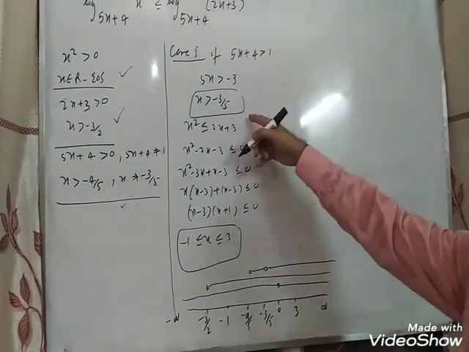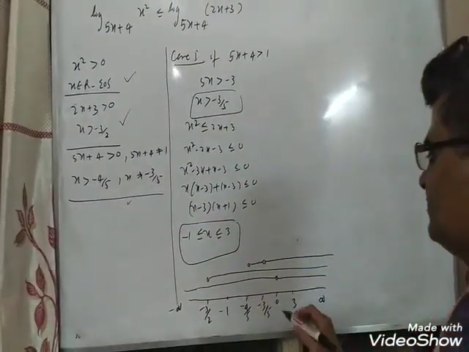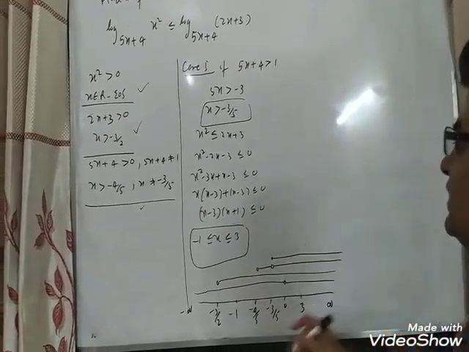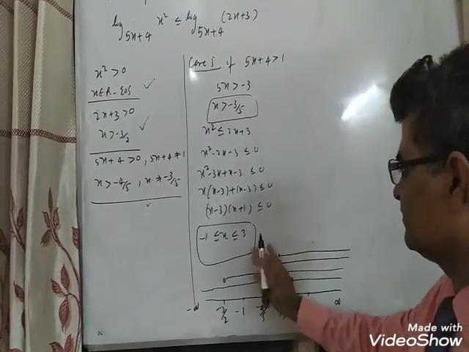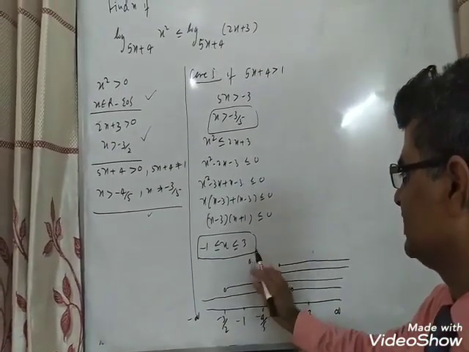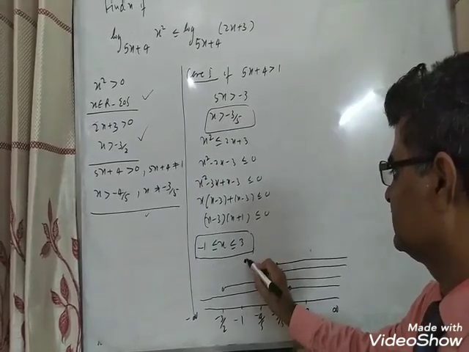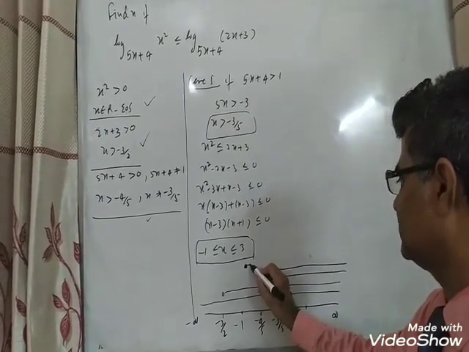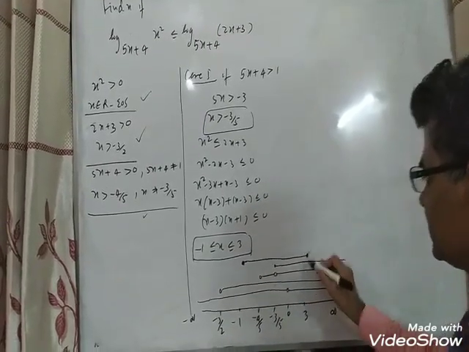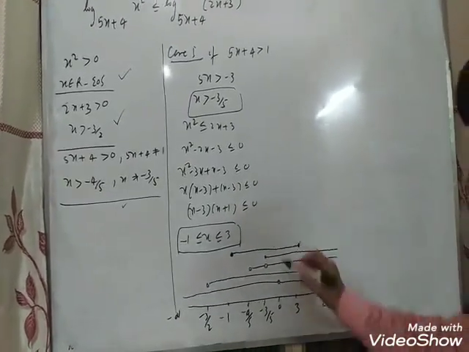Now in this case also we can see that x is greater than minus 3 by 5. Now our solution is from minus 1, solid dot, to 3, solid dot. Now you can see the common portion.